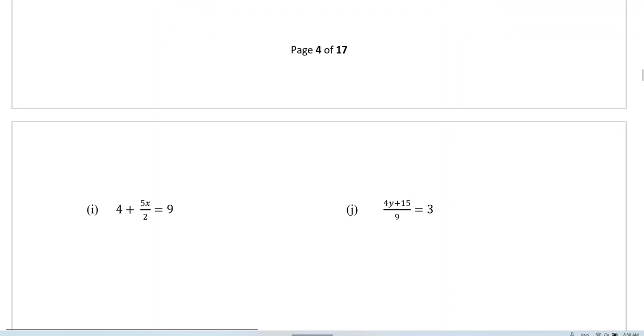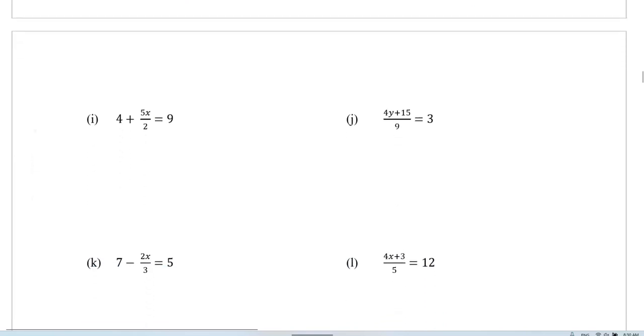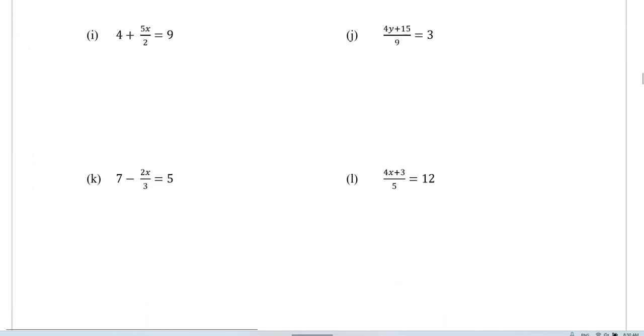Next page, I. Okay, so the x is in the second position of that equation, which means we're going to be starting with the 4. The opposite of the 4 is to minus 4.